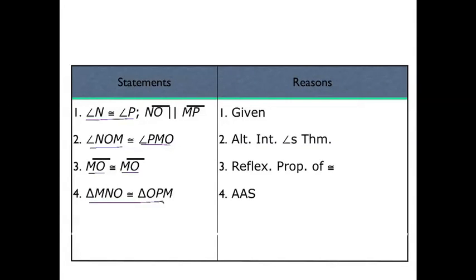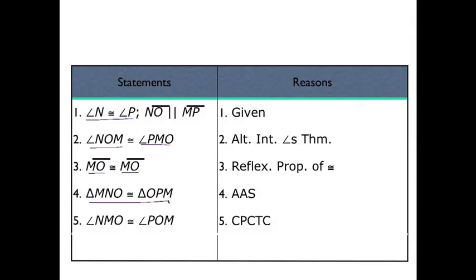So these two triangles are congruent by angle side, and now we want to show the parallelness of the side on the left and the side on the right. So what we're going to do is state that angle NMO is congruent to angle POM as a result of CPCTC.